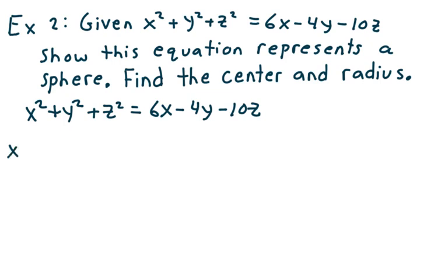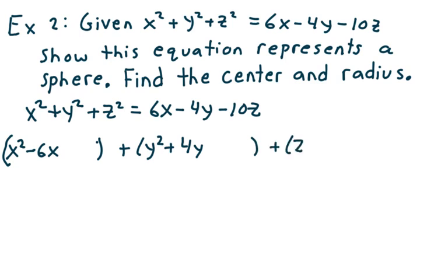So I'm going to get x squared minus 6x, and if you don't mind, I'm going to put parentheses here, plus y squared plus 4y, plus z squared plus 10z, leave a little space, and we're going to set this equal to 0.